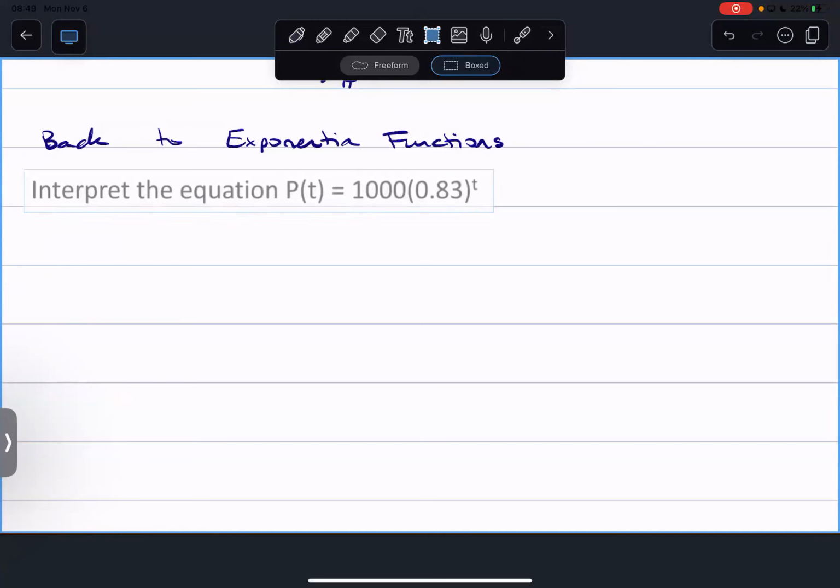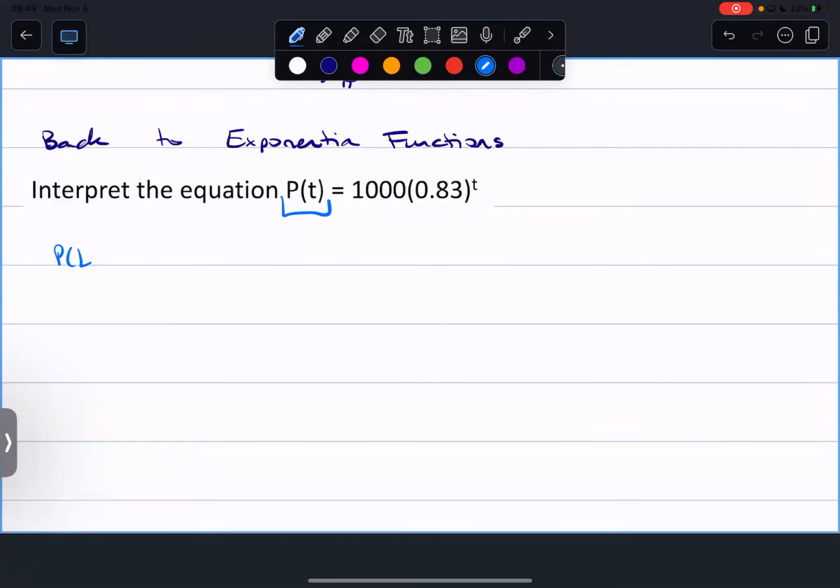What if we have to interpret this equation? So P of t is usually used to denote a population at time t, right? Usually. And so I'll say P of t is likely a population size at time t. That's my guess.